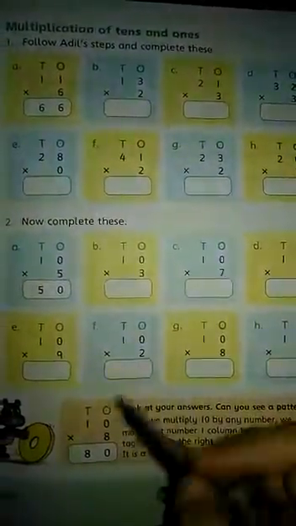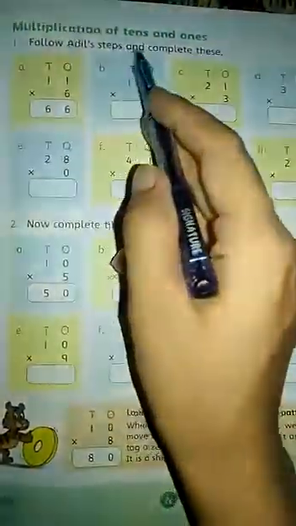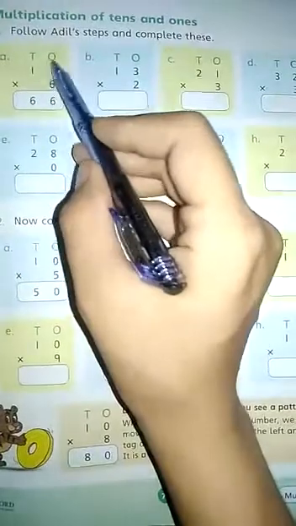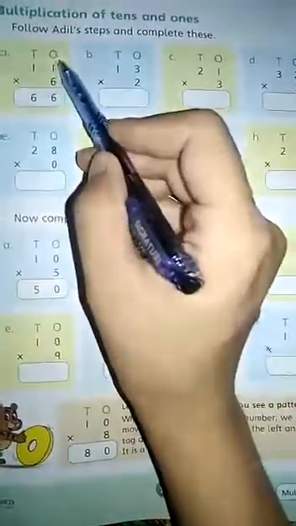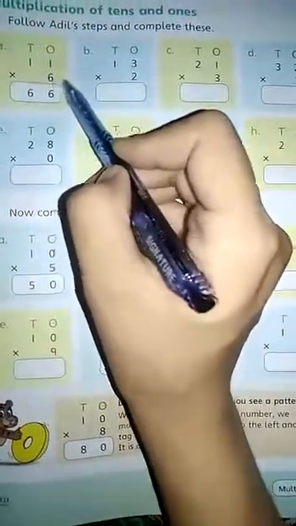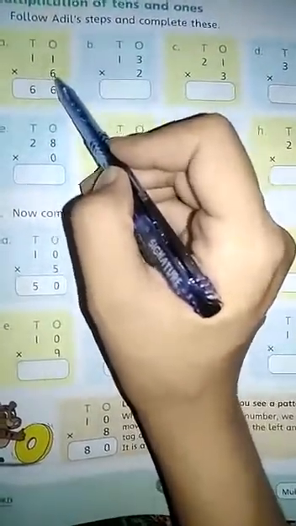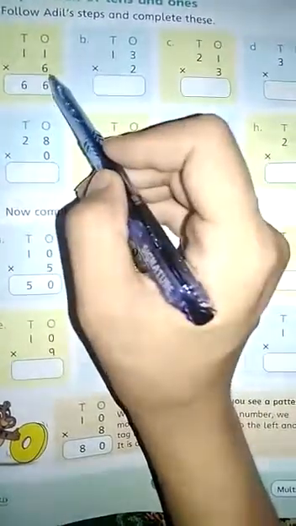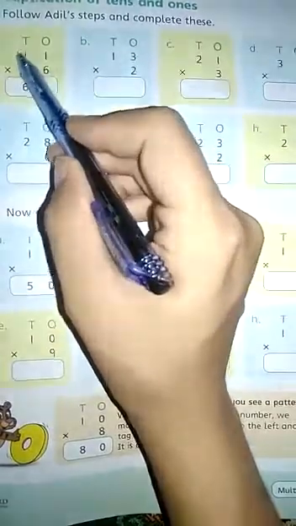Next, page number 71. Multiplication of tens and ones. There are some questions given. We have to solve these. 11 multiplied by 6. And you know that first of all we will solve ones. First 6 is multiplied by 1. Second, in the second step, 6 is multiplied by tens.